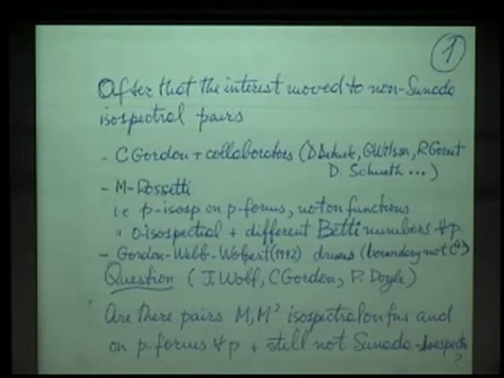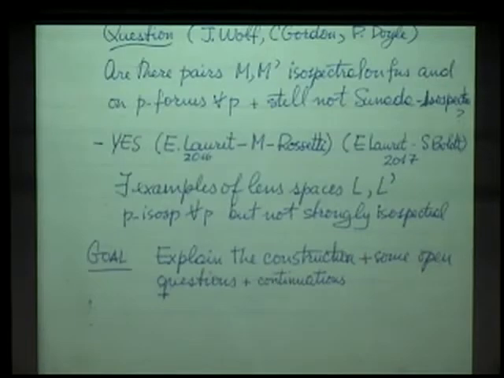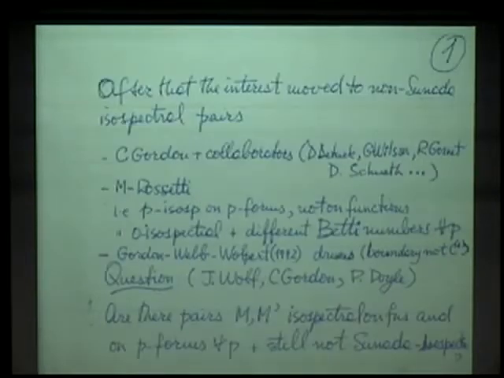Then also myself and Juan Pablo Rossetti, and also with Podestá, we gave a number of examples. For instance, manifolds that are p-isospectral on p-forms for 1 ≤ p, but not on functions. Another type is manifolds that are isospectral on functions, but have different Betti numbers, different for all degrees from 1 to n minus 1.